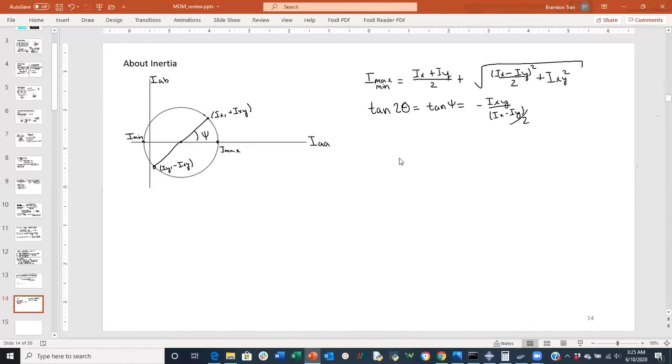Okay, probably another thing to bring up is the parallel axis theorem. Just a quick reminder of what the parallel axis theorem is, because you're probably going to have to use it to find some inertias. But honestly, nowadays, everybody just uses an online engineering tool to do this for you. So if you want to do this by hand, I'm just going to show the parallel axis theorem for the x direction.